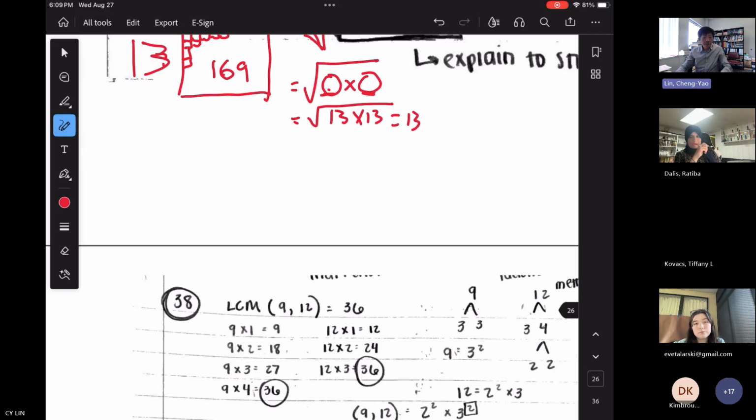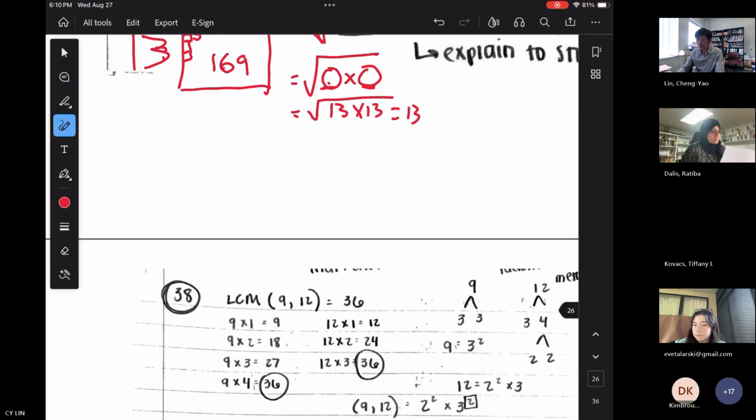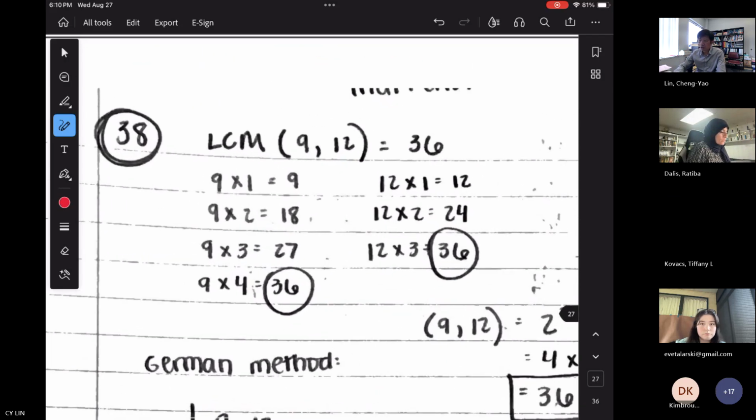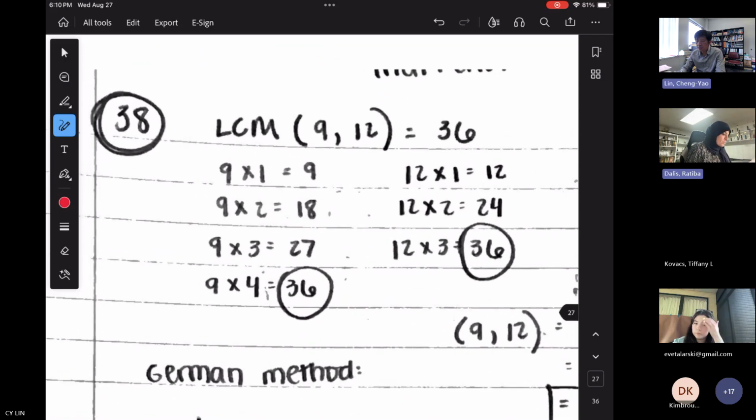Now, number 38. What is the least common multiple of 9 and 12? The answer is 36. Here you can see 9 and 12.